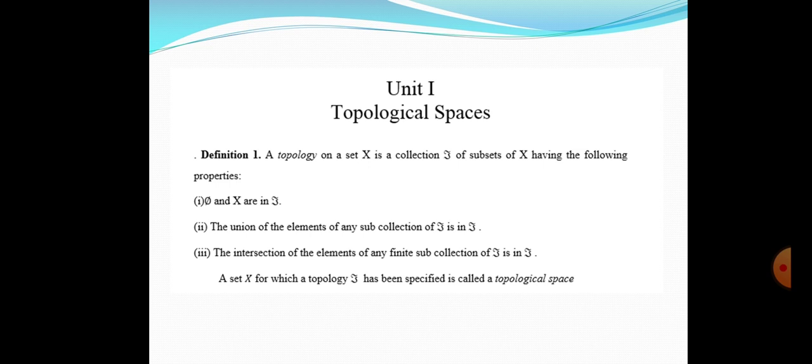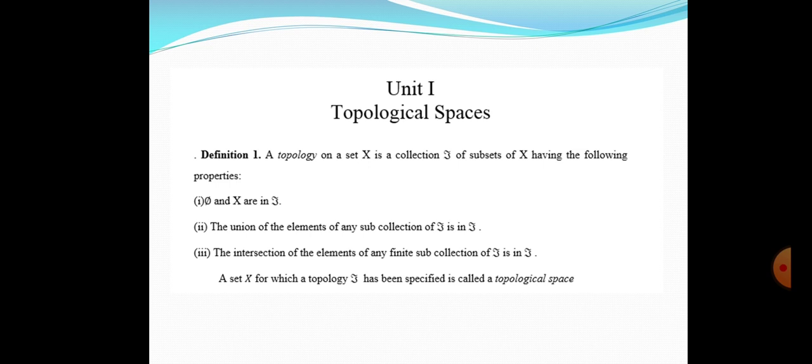The unit 1 is topological spaces. The definition of topology. A topology on a set X is a collection tau of subsets of X having the following properties. The first property is empty and X are in tau.